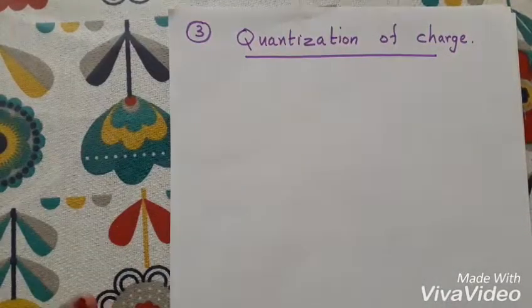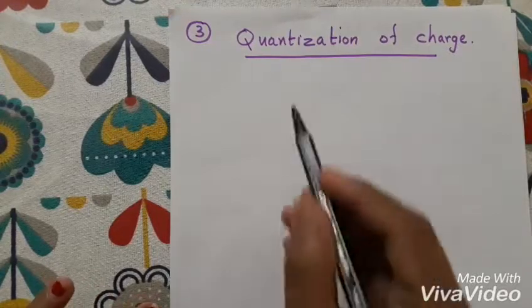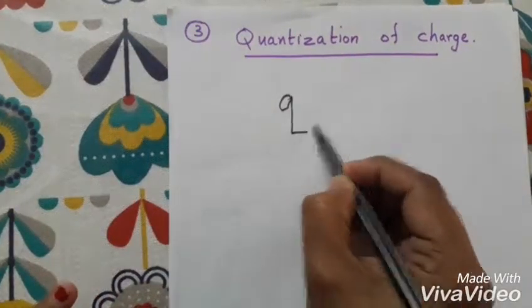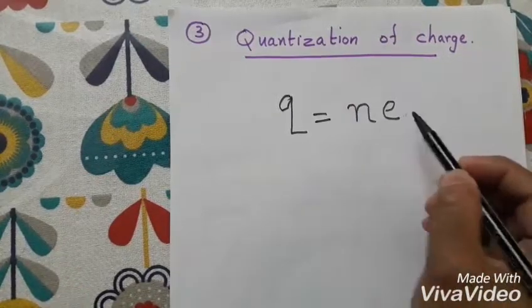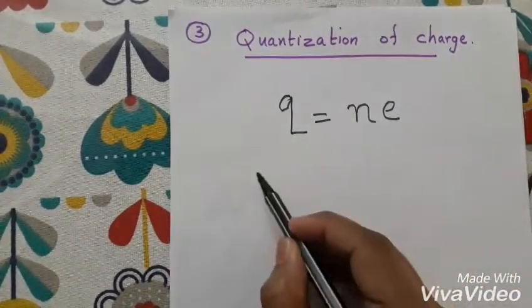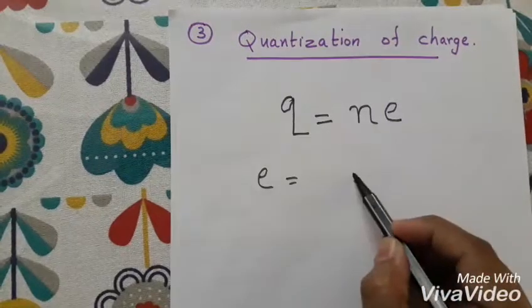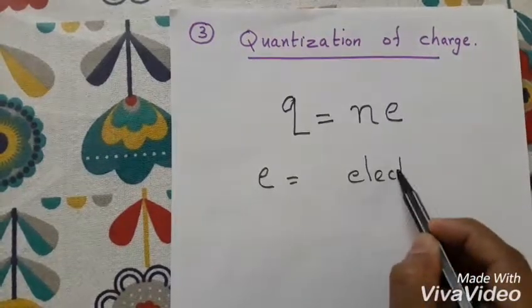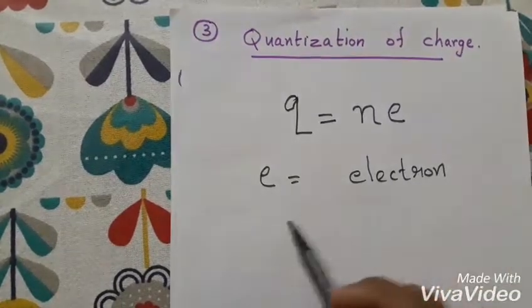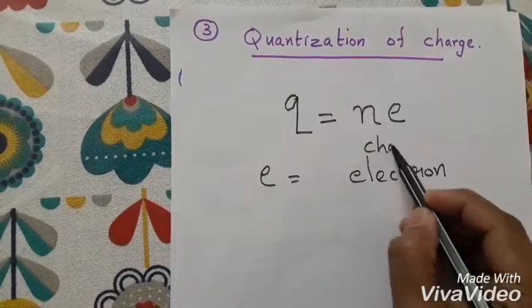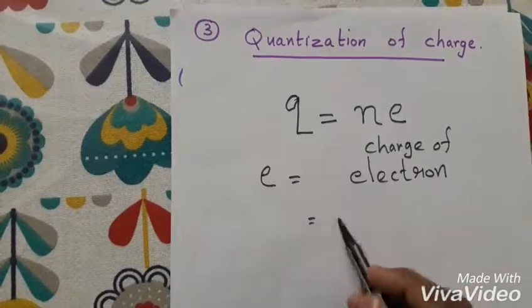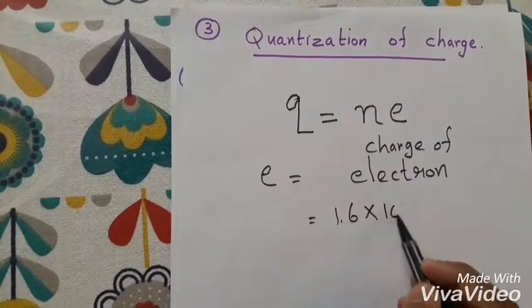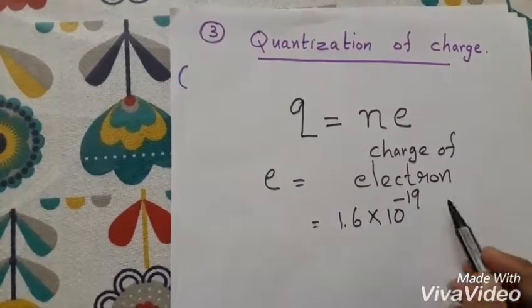Now the third property, that is the quantization of charge. Any free charge Q is actually an integral multiple of e, where e is the charge of an electron, and the value of e is 1.6 into 10 raised to minus 19 coulomb.